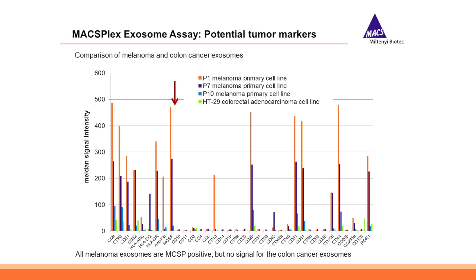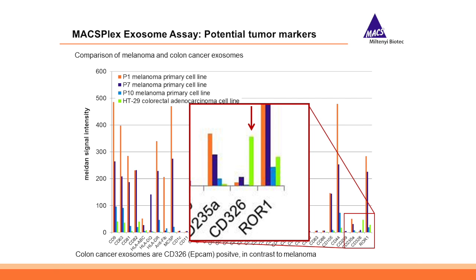If you have a closer look, you can see that for MCSP, we only get signals for the 3 melanoma cell lines, but no signal for the colon cancer, so this is a melanoma marker. On the other hand, CD326 EpCAM is not present on melanoma, and you could not detect it on the exosomes either, but you get a nice signal for the colon cancer.